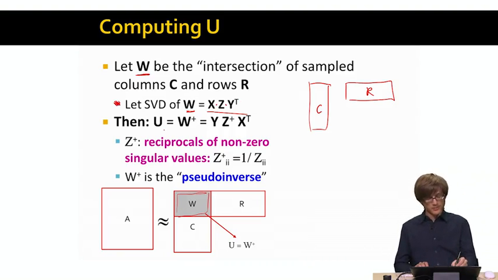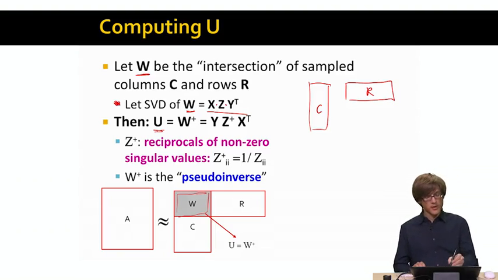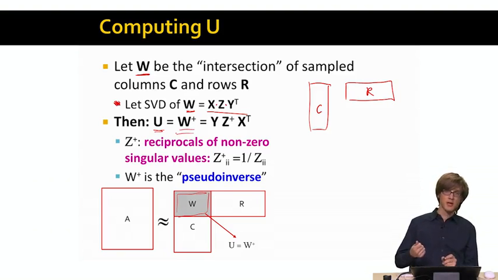And then I will compute the matrix U, which is called the Moore-Penrose pseudo-inverse. The mathematical symbol for this is that I take my matrix W and I want to compute its pseudo-inverse, which I denote as W plus.